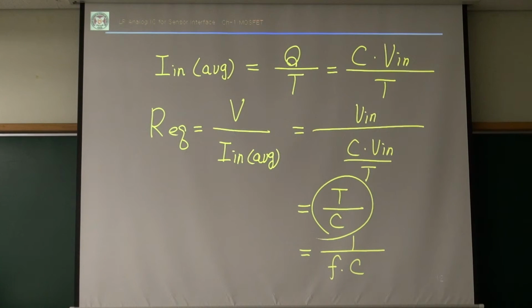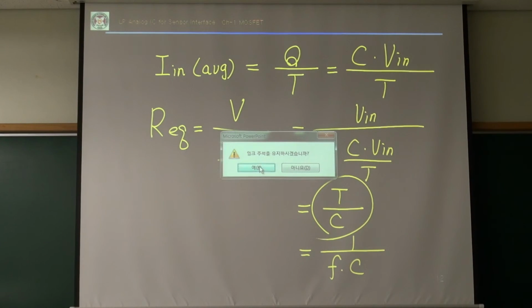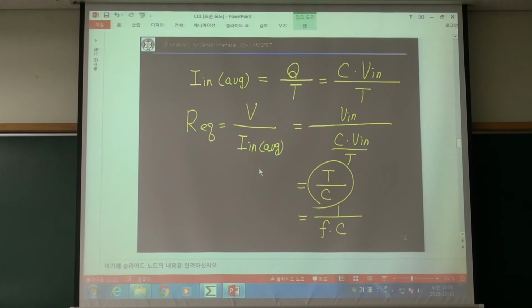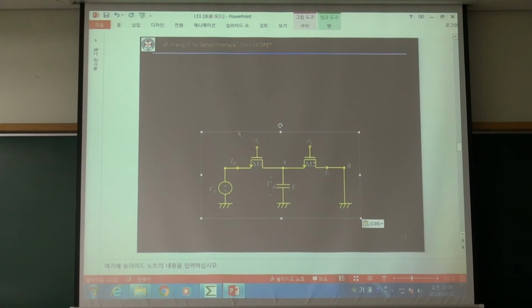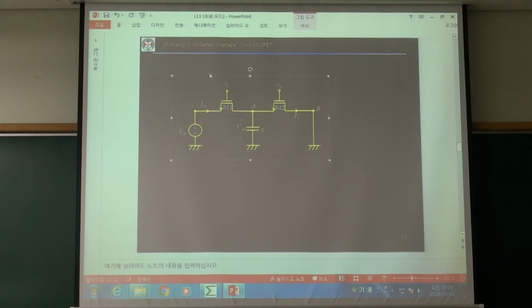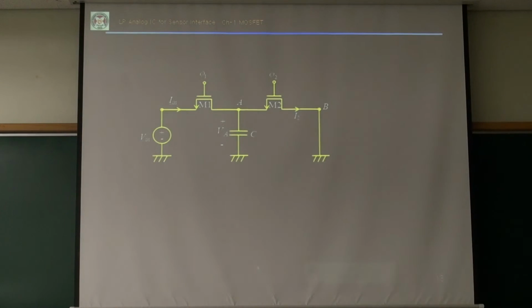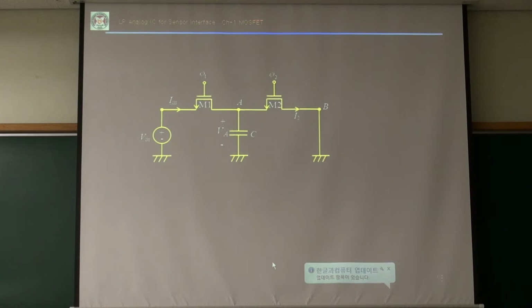So I can approximate that circuit, something like, where is my that circuit? Oh, yeah. So I can approximate this, where is my pen?